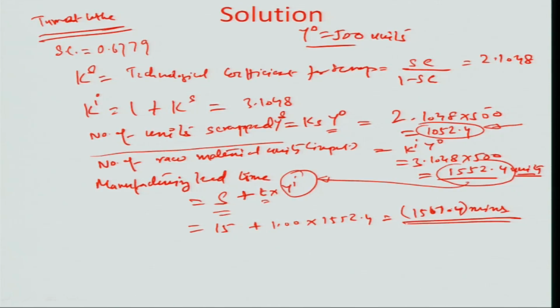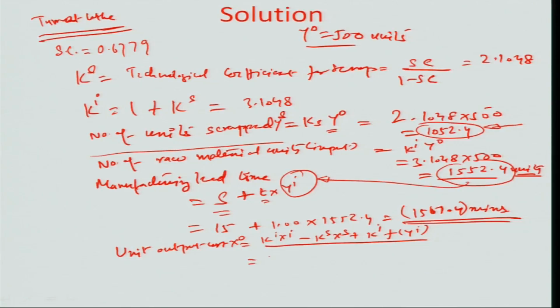That is the manufacturing lead time. And the unit output cost x0 then comes out to be equal to Ki xi minus Ks xs plus Ki times the processing cost at the input level yi. This is borrowed from the derivation done in the earlier modules.